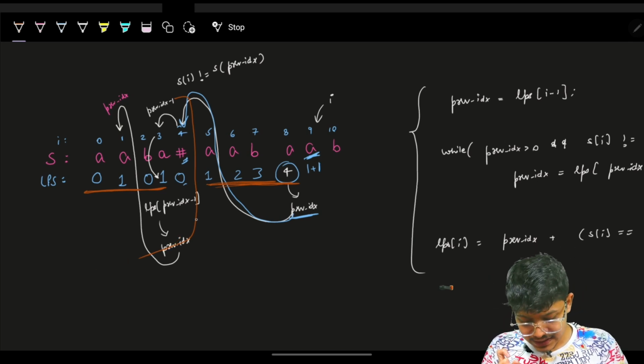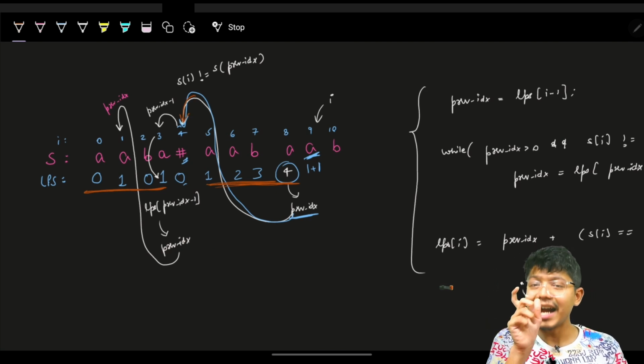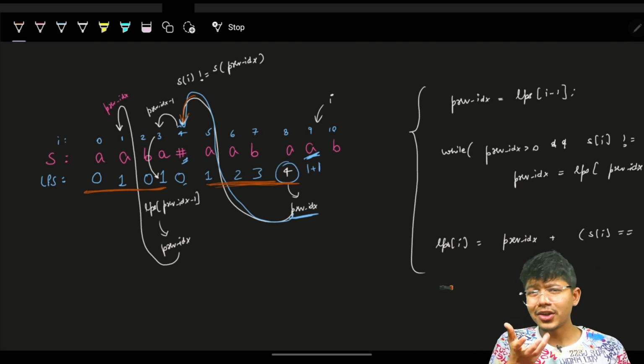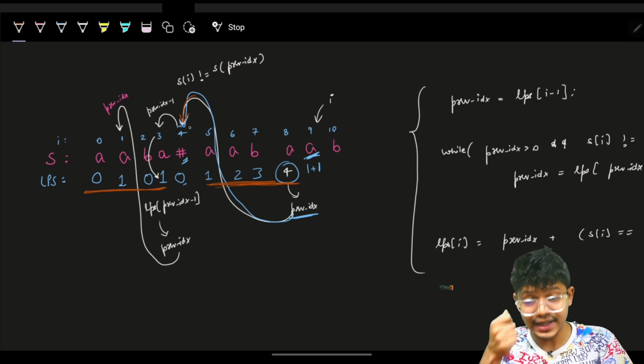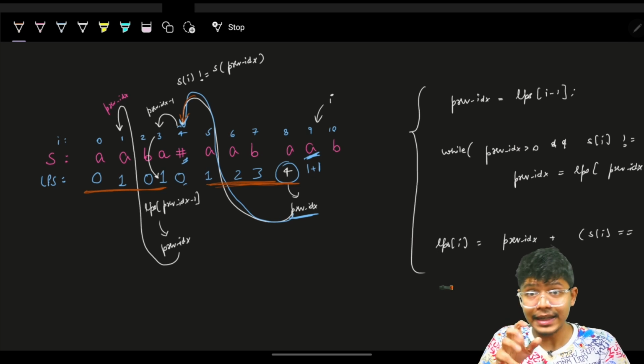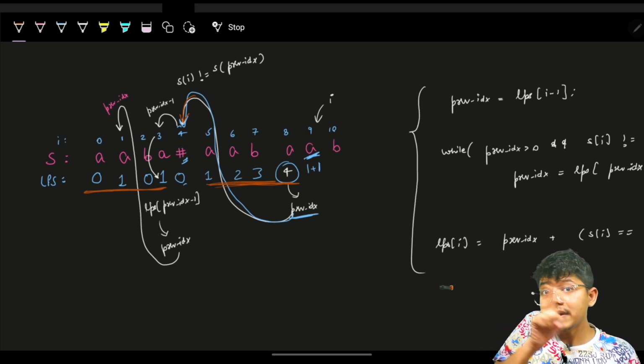Now you will ask him, okay, I was at index 4. I'll go and ask him, bro, what is the longest length which you were matching? He will say at index 4 the longest length which I was matching. You should not be concerned about it. You should be concerned about my previous value.